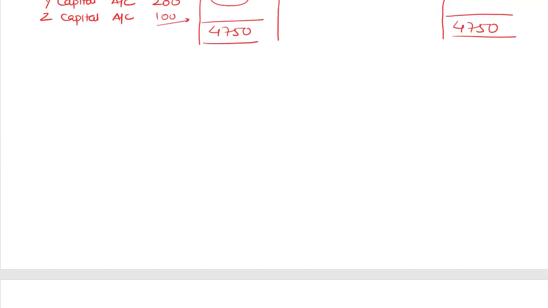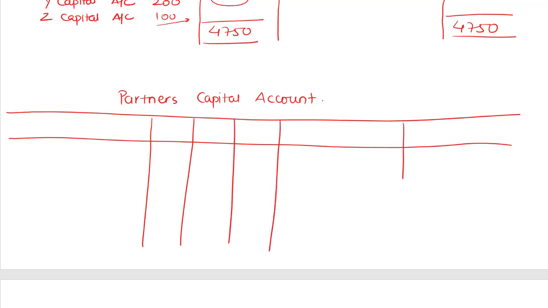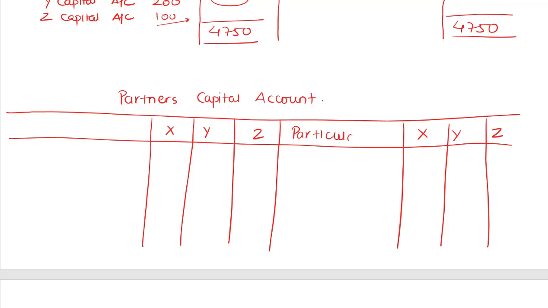Let us prepare the partners' capital account now. Partners' capital account: X, Y, Z. By balance brought down 20,000, 15,000, 12,500.